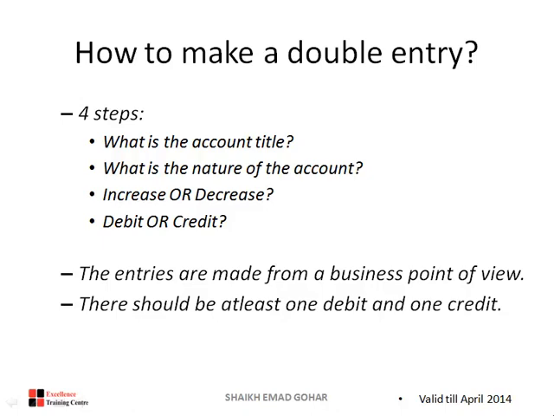It means the accountant who is making these entries will see the business pocket, not the owner's pocket. Getting my point? For example, if you are investing in the business, the money is going out of your pocket. So for you, cash is decreasing, but you will not write cash decrease, because you are not talking about yourself, you are talking about the business. So from business point of view, cash is increasing. Getting my point? So this is what I am trying to tell you.